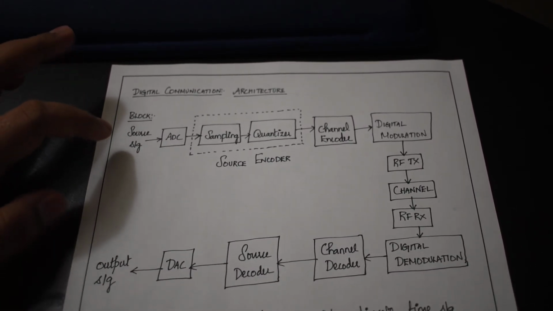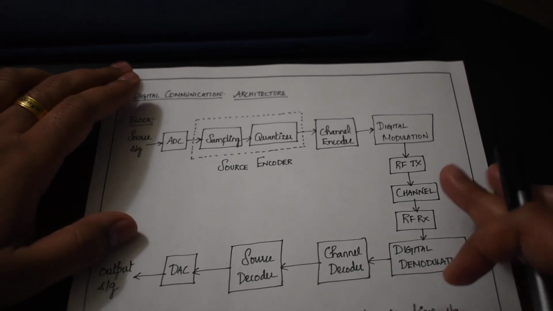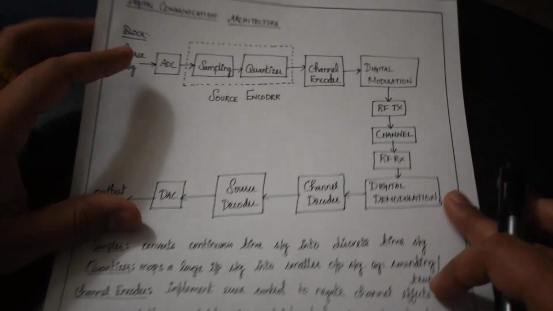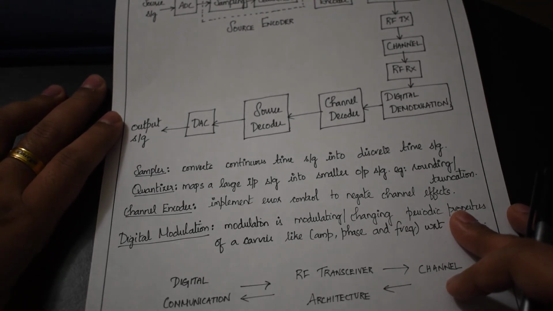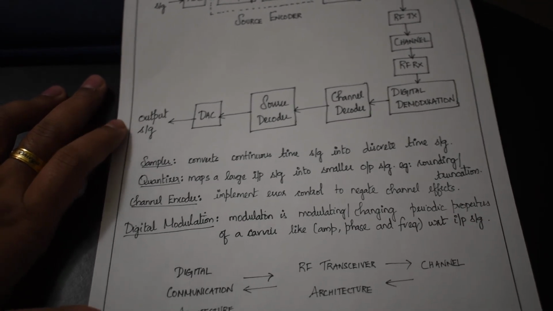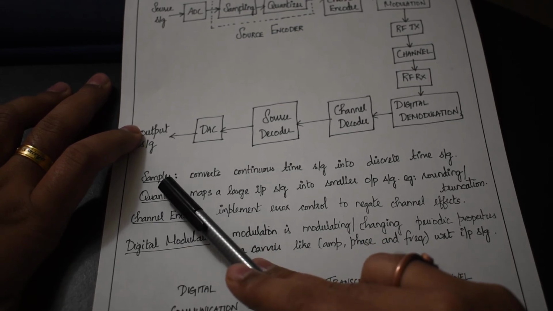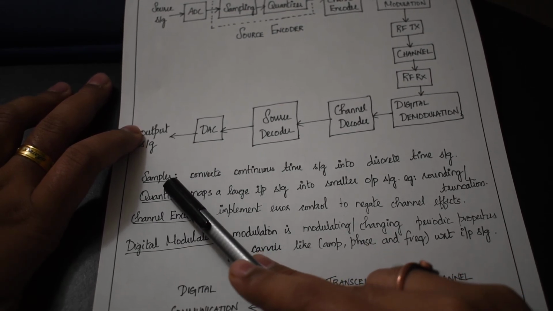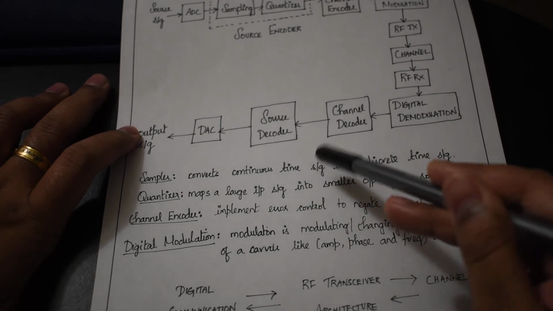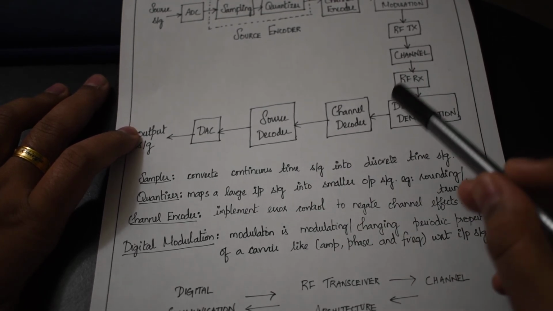Now let's see every single block in detail. So the first thing is the sampler. The sampler is a block that converts a continuous time signal into a discrete time signal.